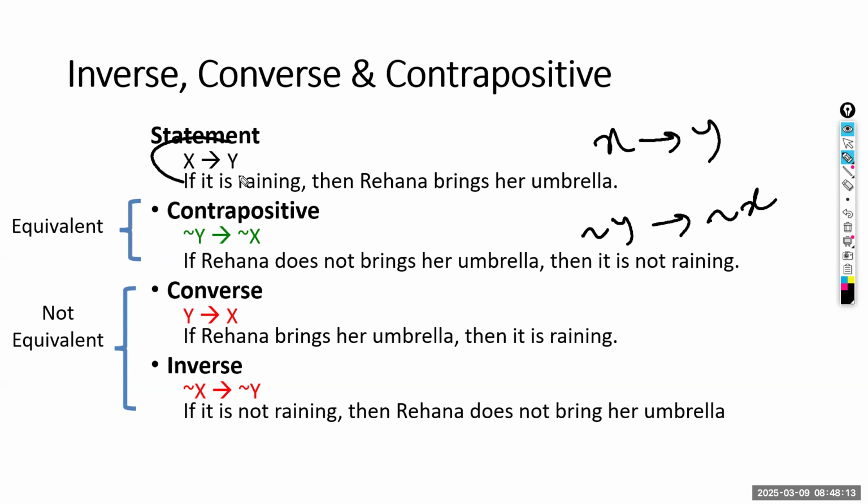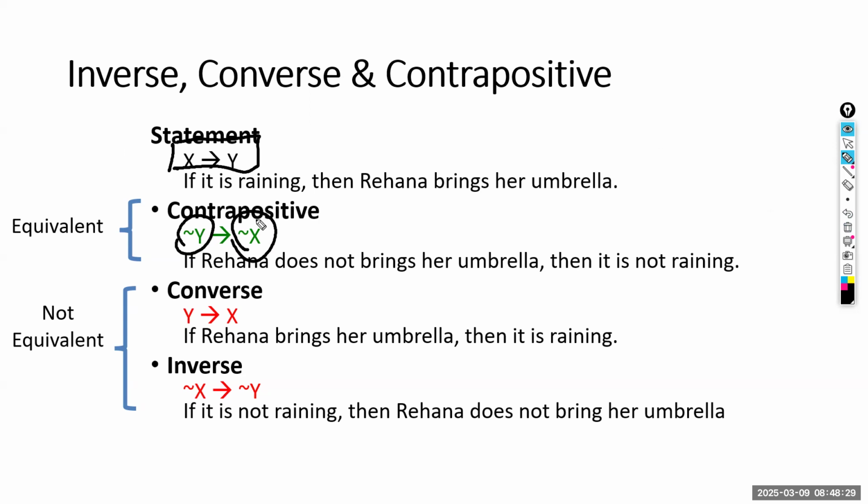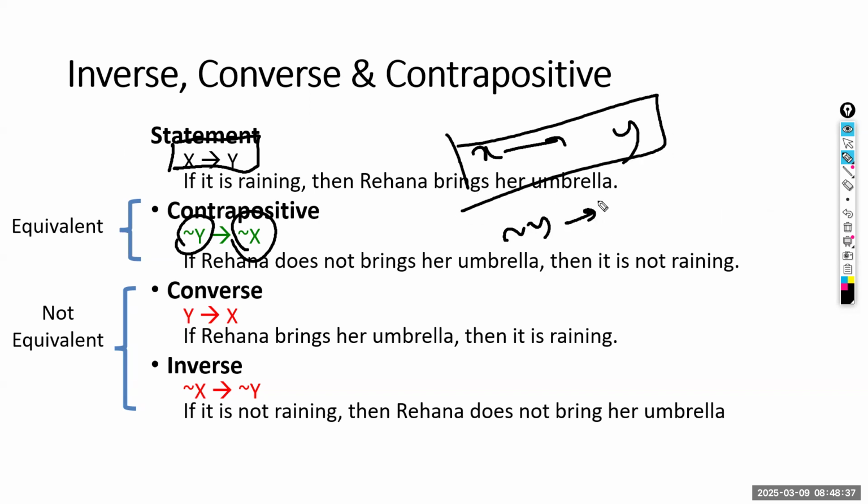So is it correct? When we say like this, can we imply that when this is correct, this is correct? The answer is yes. If this statement is true, then not Y means not X, because whenever X happens, Y happens. So if Y has not happened, and this statement is correct, then definitely X must not have happened either. Do you agree with that?